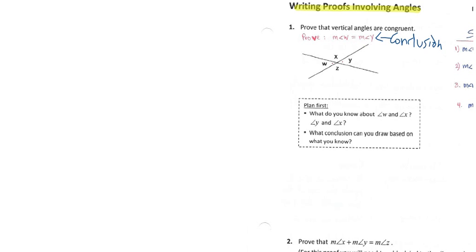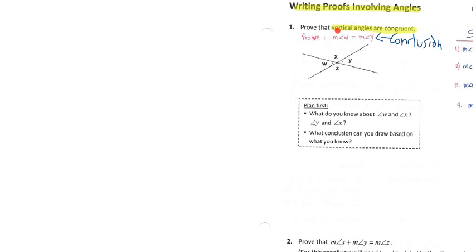Very important when we are writing proofs is that whatever you are trying to prove, such as in this case, that vertical angles are congruent, we cannot use any information about vertical angles in the proof. We have to make ourselves believe that we do not know that vertical angles are congruent, because that is actually what we want to prove.